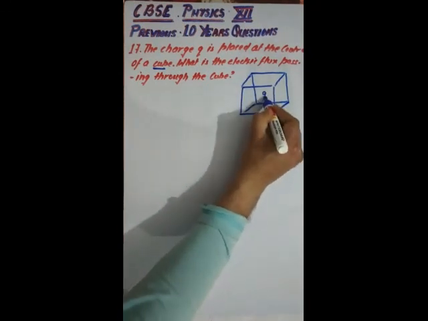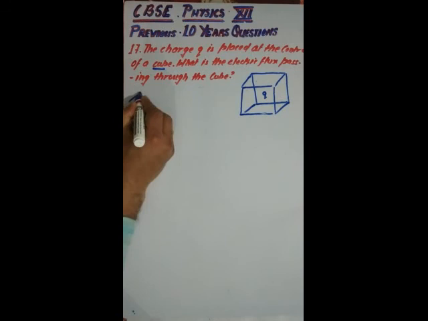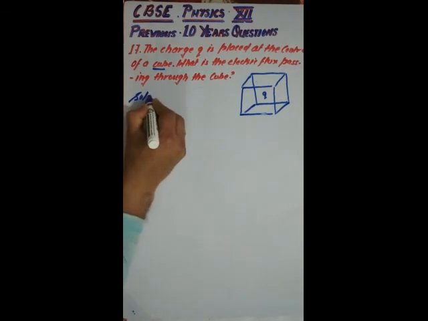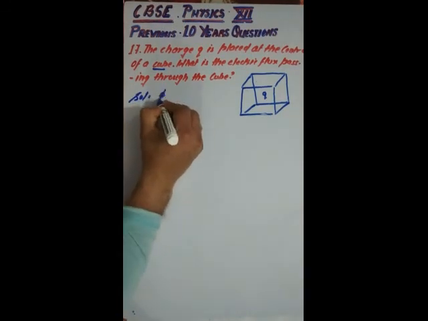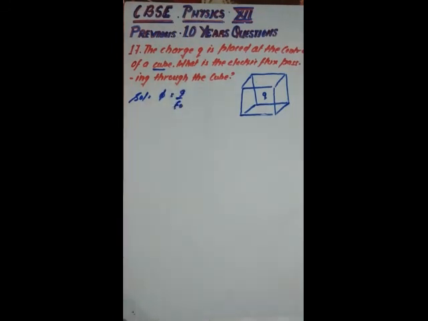A charge Q will be enclosed. We all know that flux phi equals closed integral E dot dS, or charge enclosed by epsilon naught. So solution will be phi equals Q upon epsilon naught.